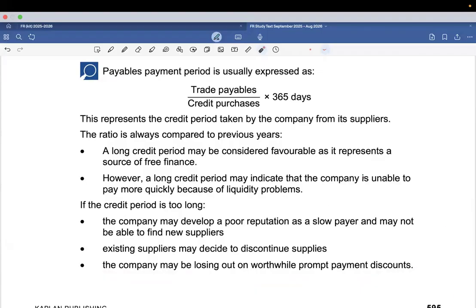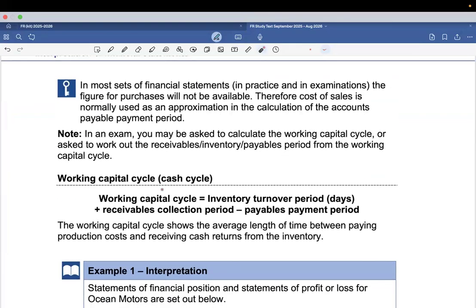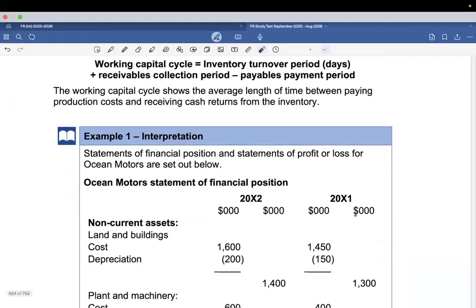Now, working capital cycle, that is the cash cycle. This is basically inventory turnover period plus receivable collection period minus payable payment period. Basically, asset minus liability.